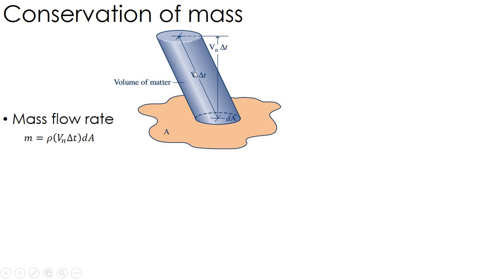If we think about perpendicular or normal flow, we take the velocity normal to that area times delta T, the change in time. That gives us a distance, which is essentially the height, so area times height gives us the volume. Taking that volume times the density gives us the mass.